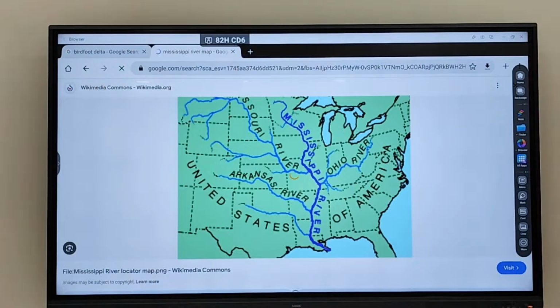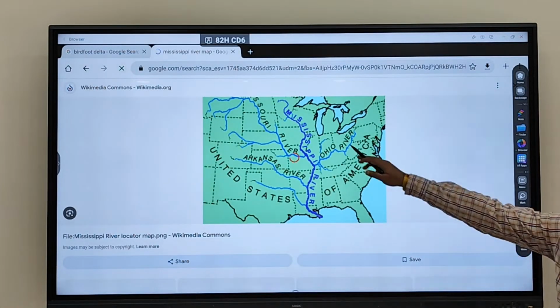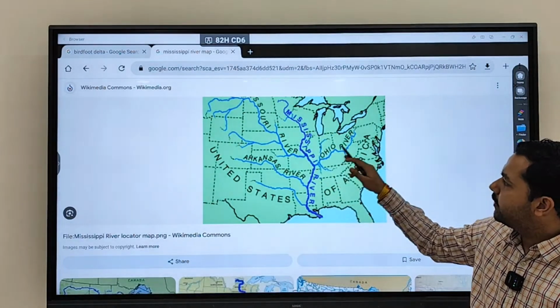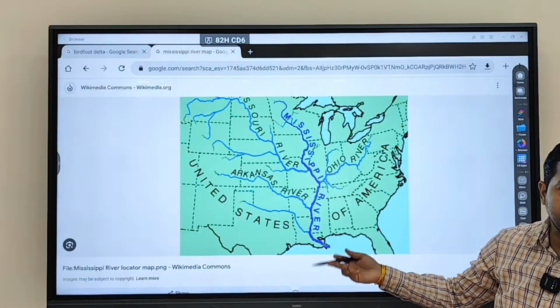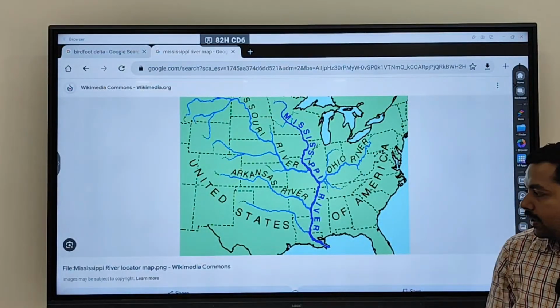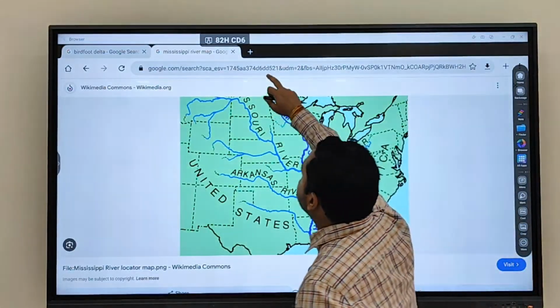You can see, this is the main river and these are the various tributaries that come and join. So when it is about to join the ocean, it forms which type of delta? Bird foot delta. So there are different types of deltas also.